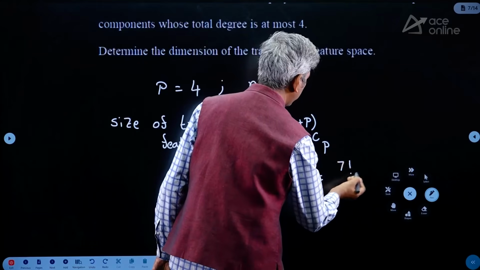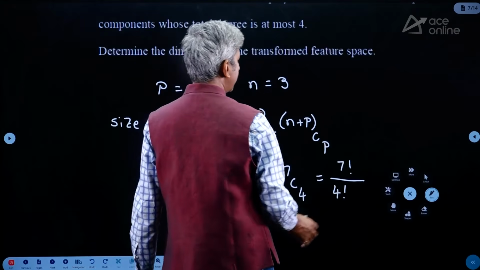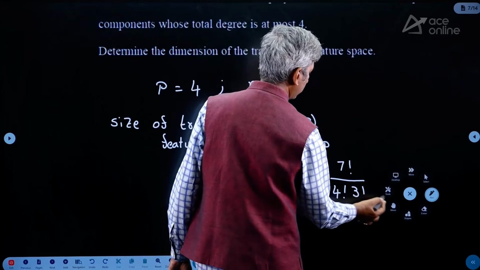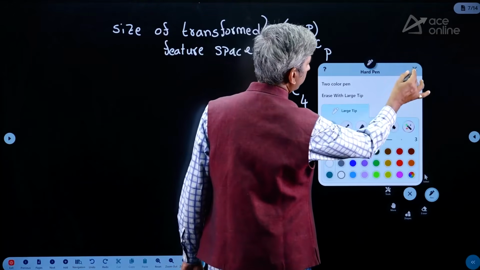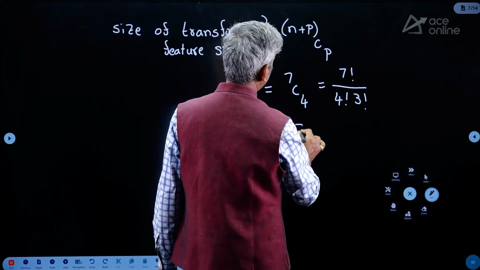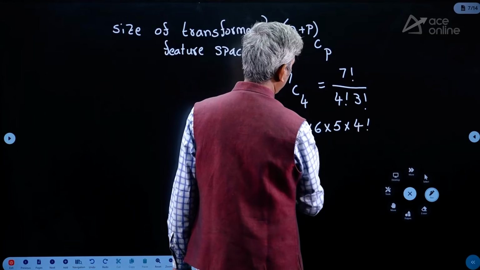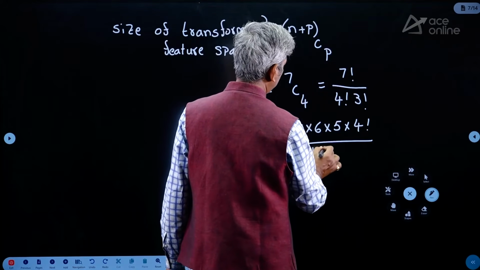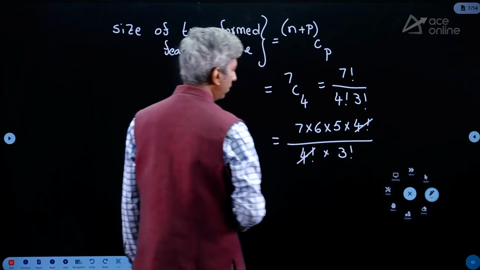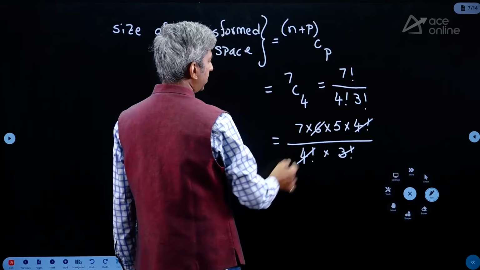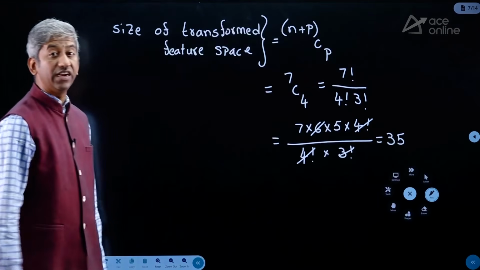7 factorial divided by 4 factorial multiplied with 7 minus 4, that is 3 factorial, such that its value is equal to 7 multiplied with 6 multiplied with 5 multiplied with 4 factorial divided by 4 factorial multiplied with 3 factorial. 4 factorial cancels, and 3 factorial value is 6, such that it is equal to 7 multiplied with 5, 35.